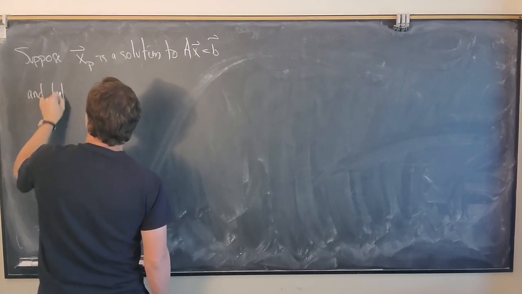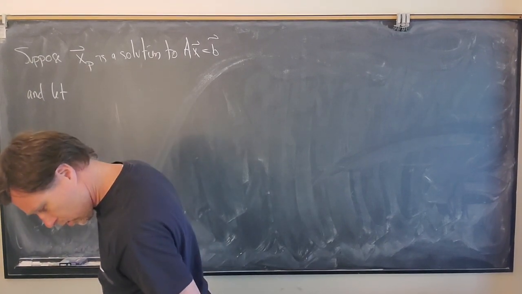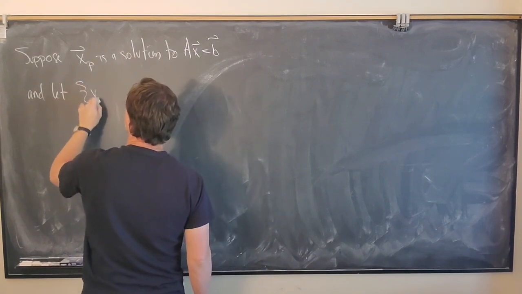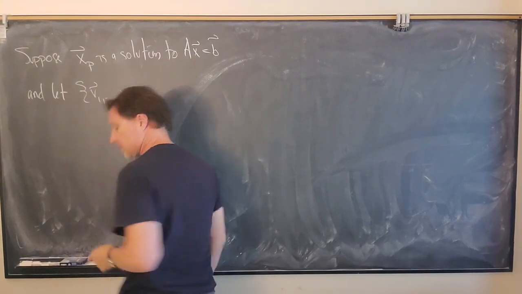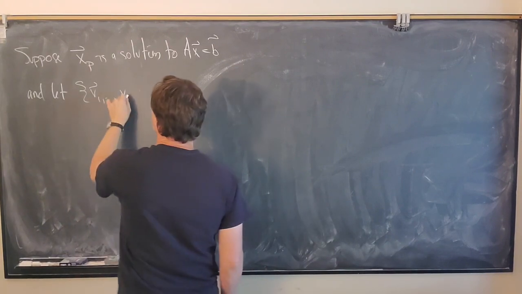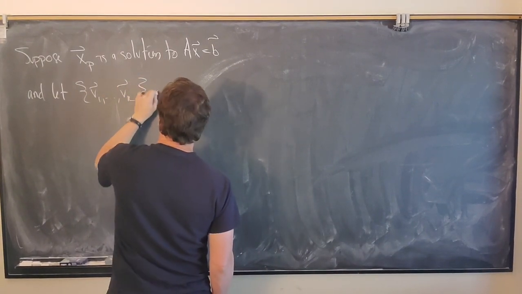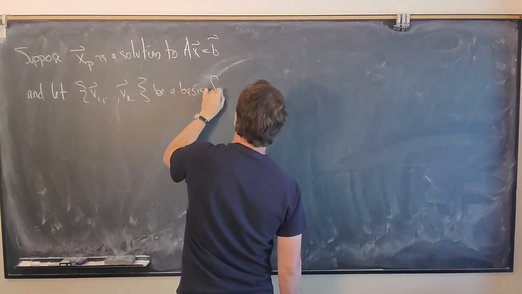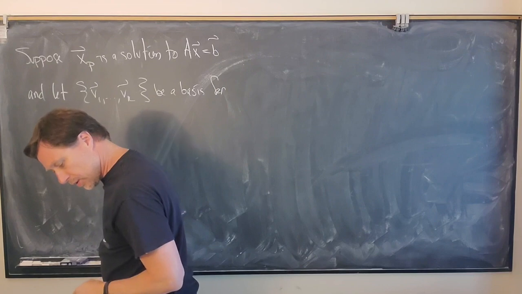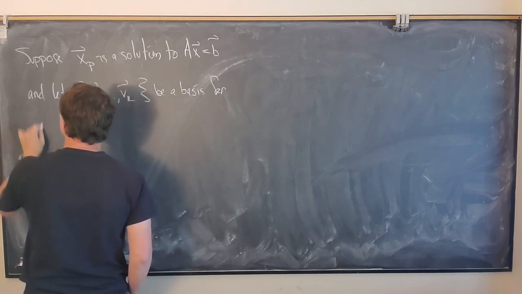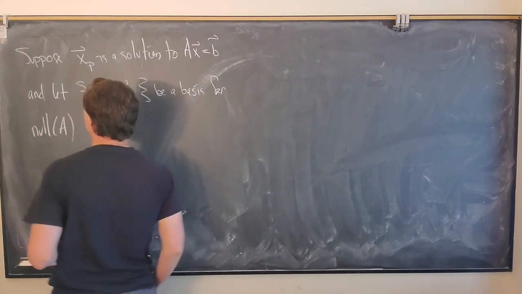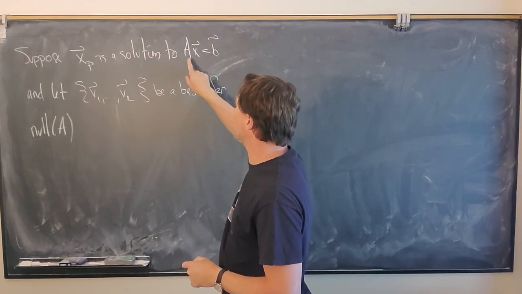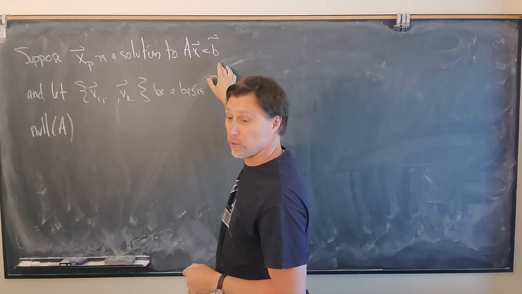And let's say V1 up through V sub k be a basis for the null space of A. So remember, that is the set of all solutions to the homogeneous equation AX equals 0.